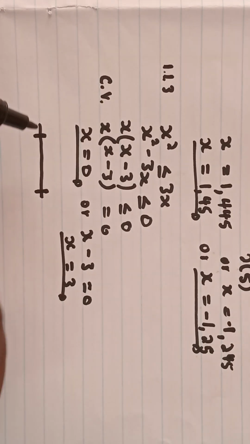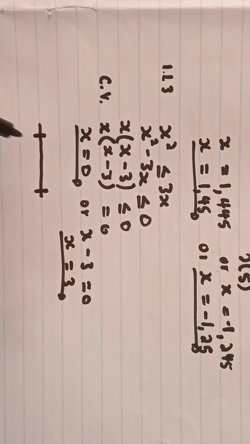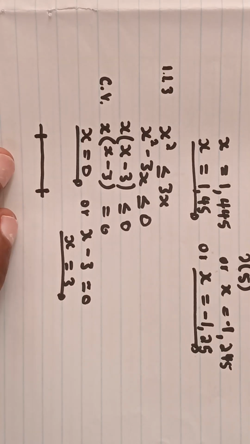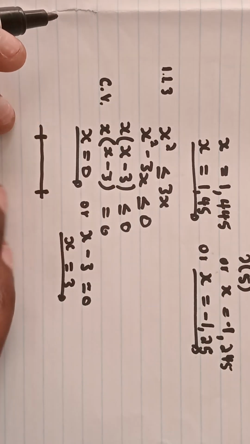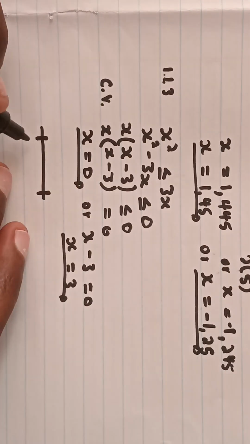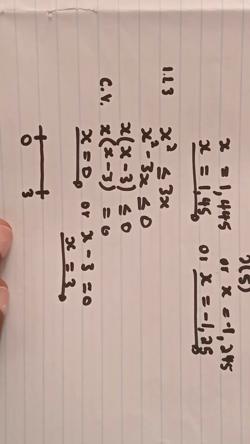We should find our solution here, and our solution will be represented with a graph or maybe a number line. So now I chose to represent it with a number line. So we start with a smaller number, it's 0, then we end with a bigger number, it's 3.